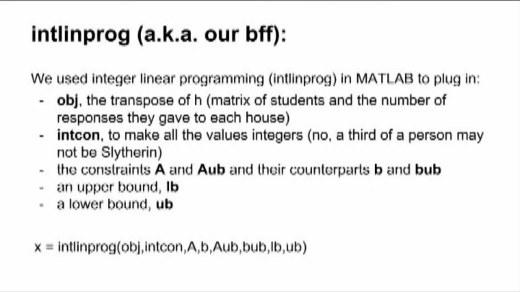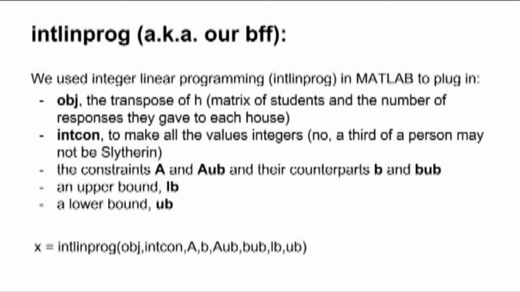This is just an overview of what intlinprog takes in. It takes in obj, which is the negative transpose of the H matrix, and the reason that it was negative was because we wanted to maximize the matches rather than minimize the matches. And the H matrix was just the rows corresponded to the students and the columns corresponded to the number of responses corresponding to each house.